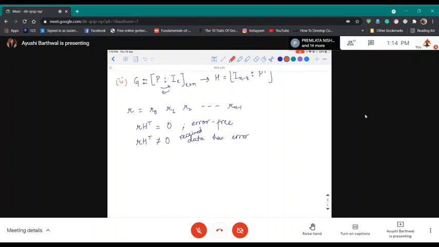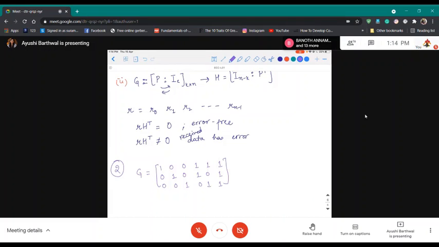So the next example is the second question for the class. You are given a generator matrix, which is written as 1 0 0 1 1 1, 0 1 0 1 0 1, and 0 0 1 0 1 1.